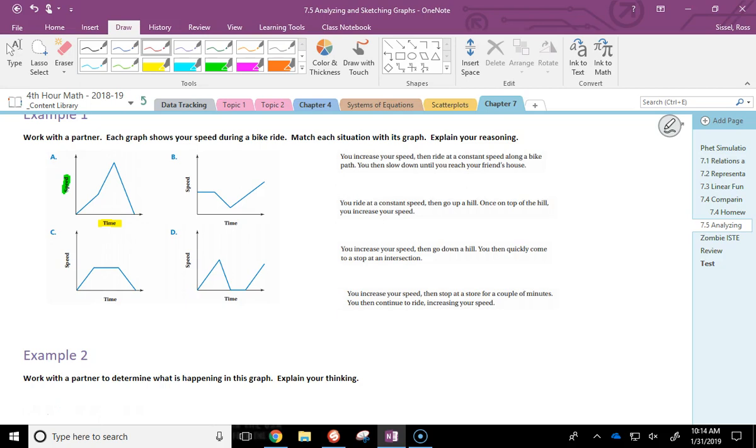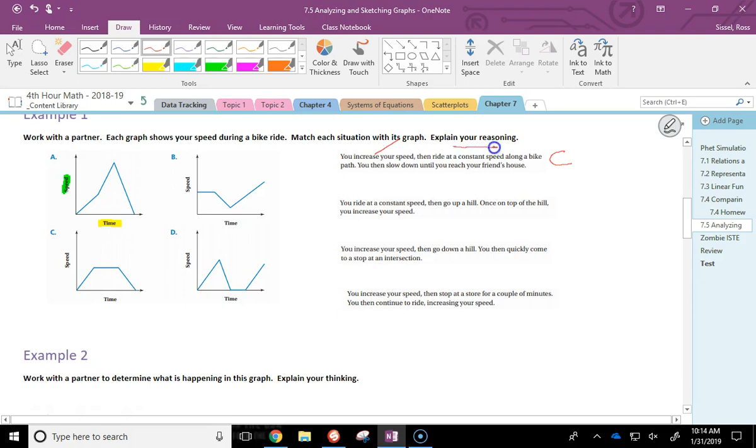Who said, what letter was this one, Sydney? Alright, so let's check this. See if she got C right. I increased my speed. Remember, on my graph, speed is on the left, time's on the bottom. So, increase my speed, it should be going up.